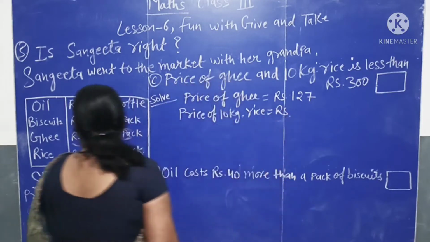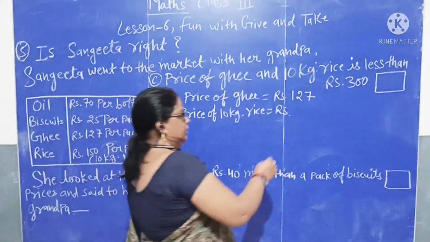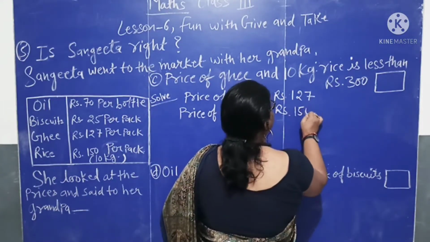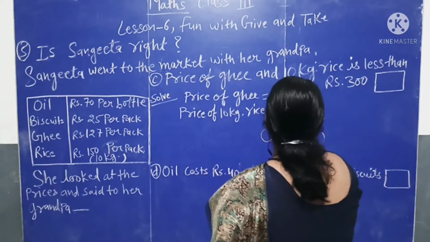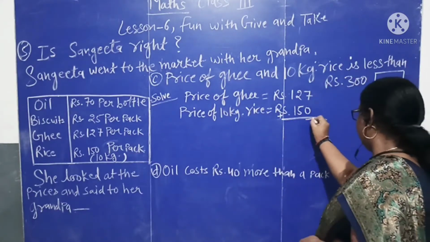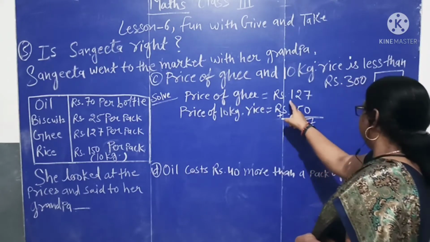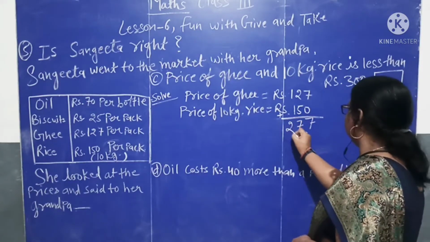Rupees 150. Let's add. 7 and 0, 7. 2 and 5, 7. 1 and 1, 2.